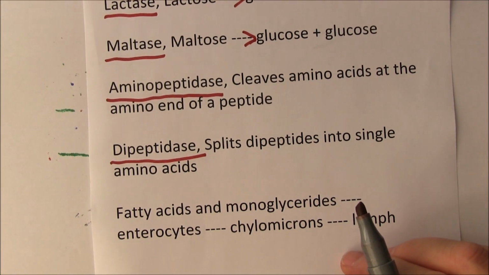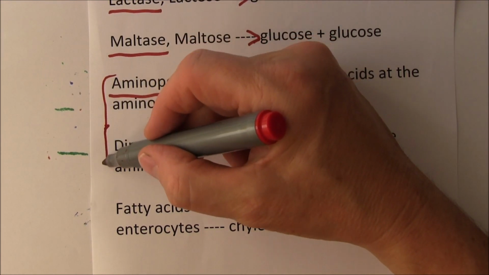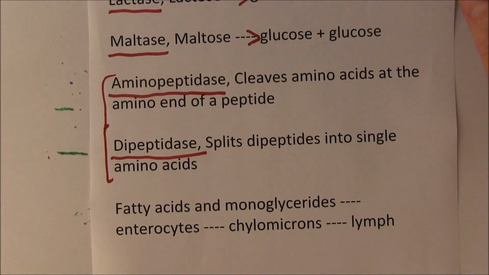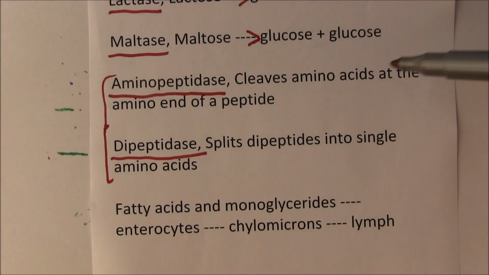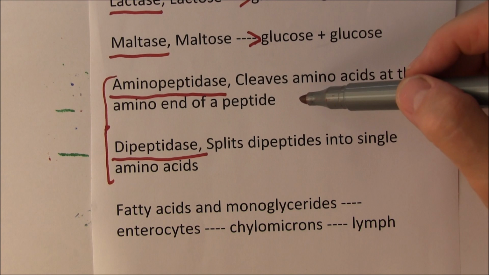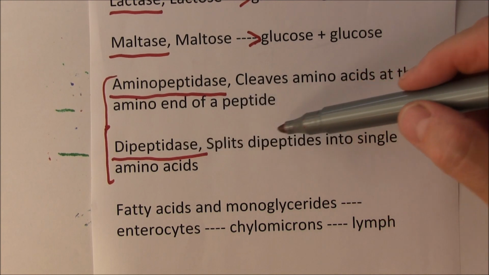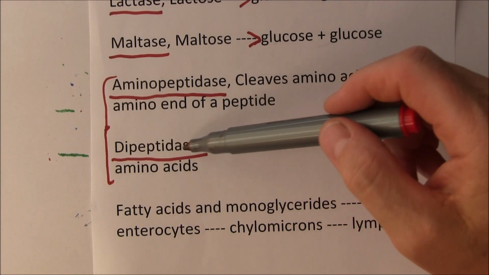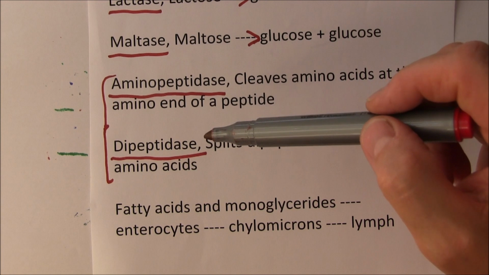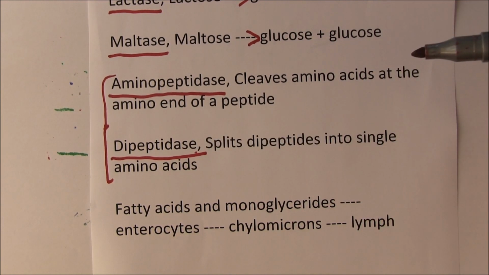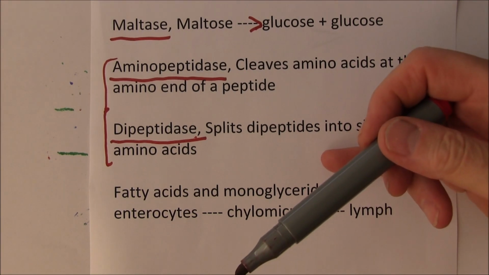And then these last 2 are proteases, protein digesting enzymes. So there's aminopeptidase, which cleaves amino acids at the end of a peptide, and then the final one, dipeptidase. Dipeptidase, as the name suggests, when there's 2 amino acids still linked together by a peptide bond, splits that final peptide bond to give single amino acid units.